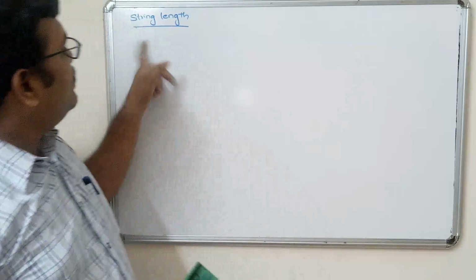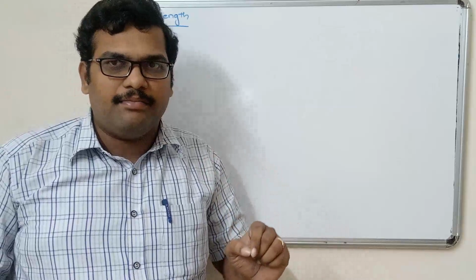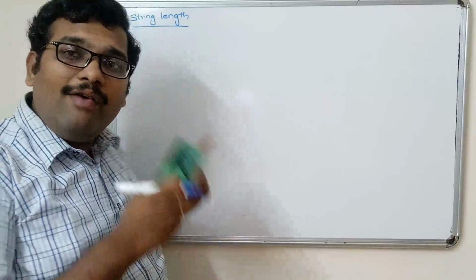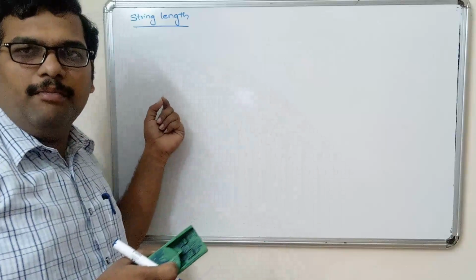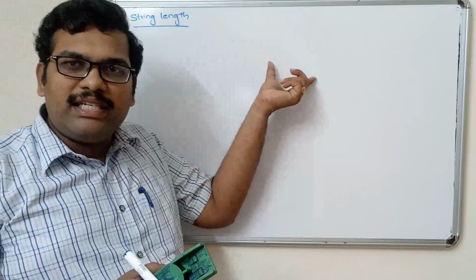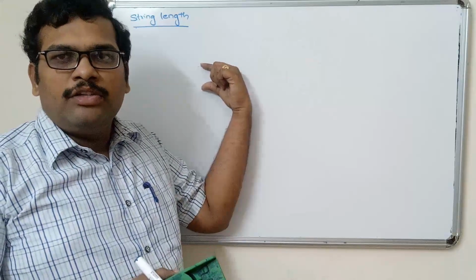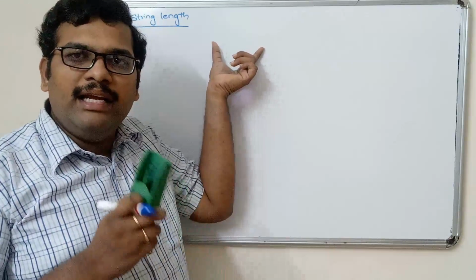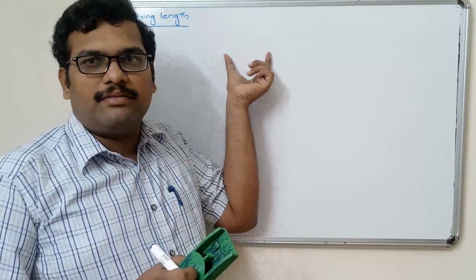So this string length will always return an integer data type. We have to assign this string length function to one variable, so that the length of the string will be assigned to that particular variable. So this will return the integer data type excluding the null character.